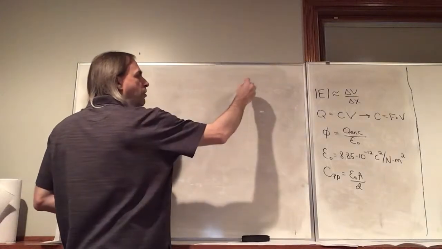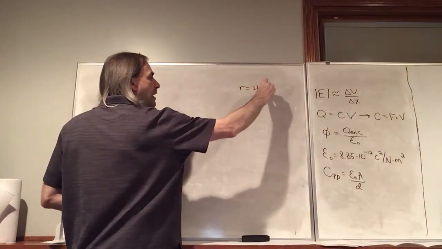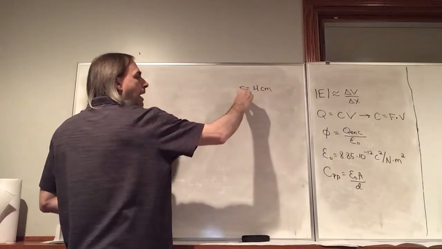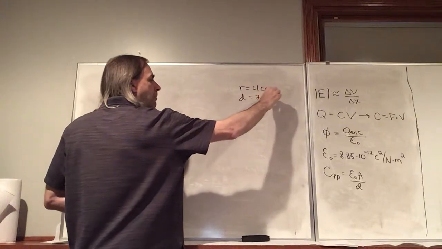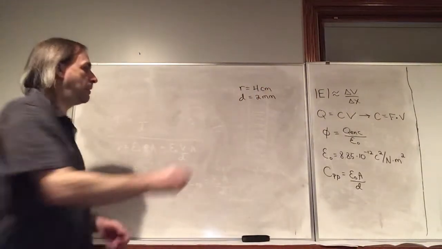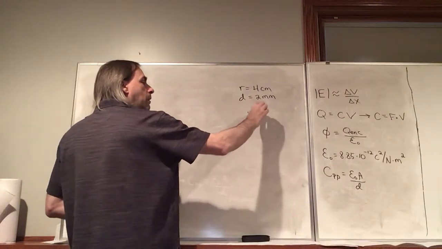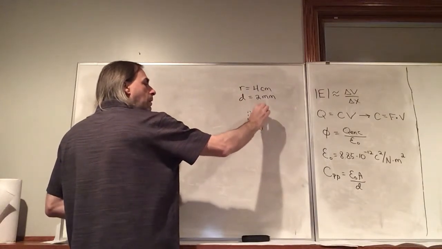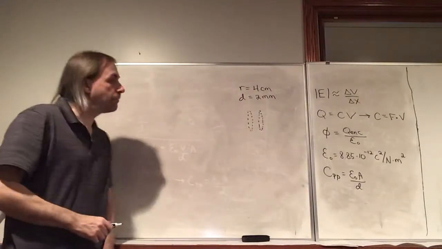Say we have two metal plates with radii of 4 centimeters, and let's say the distance separating them is 2 millimeters. So we've got these two plates, and now we want to calculate the capacitance of this system.